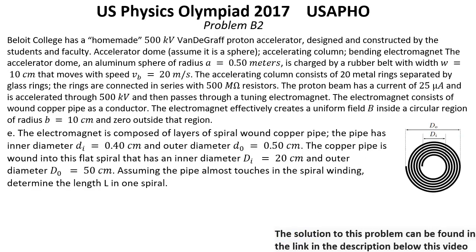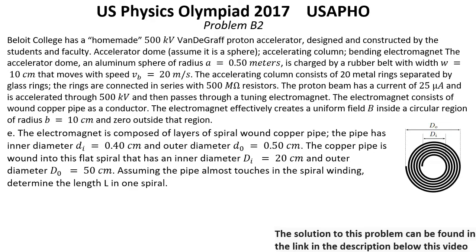Question E. The electromagnet is composed of layers of spiral wound copper pipe. The pipe has an inner diameter di equal to 0.4 centimeters and an outer diameter d0 equal to 0.5 centimeters.